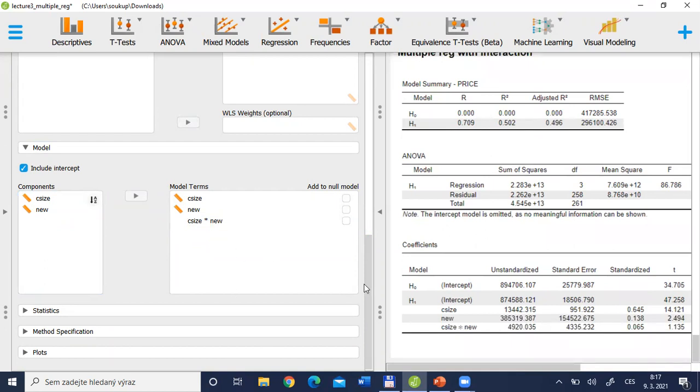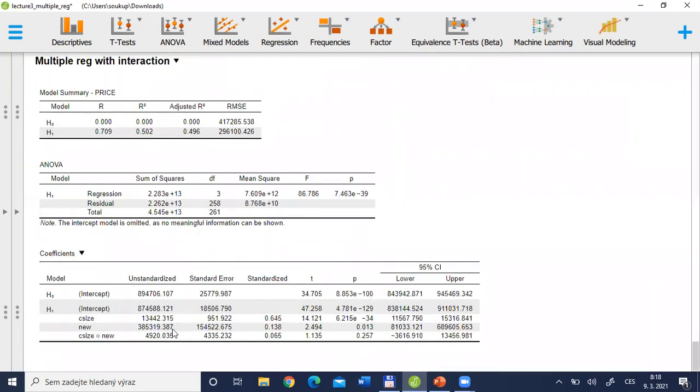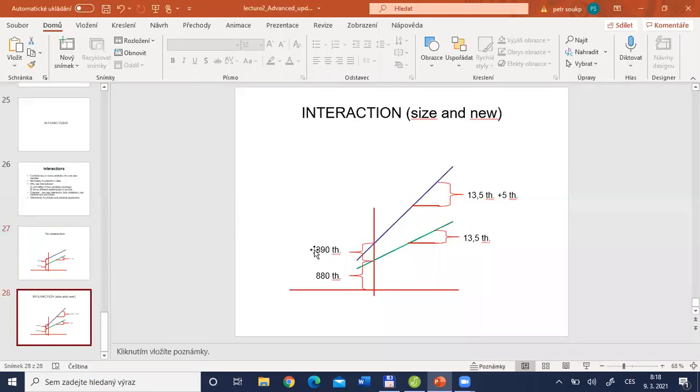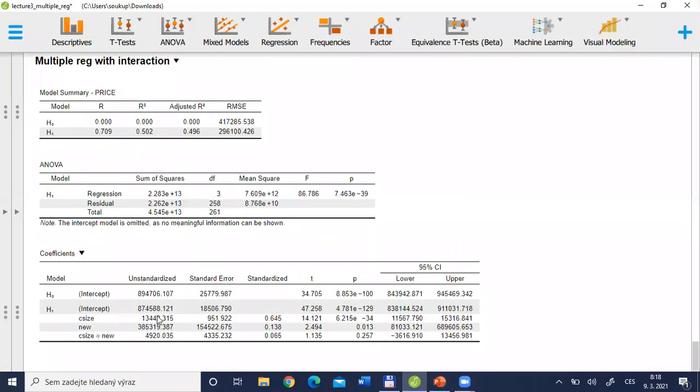So we added one new variable, which is called interaction. So it means multiplication of the previous variables that were entered into our model. And here we can see our results. So I would go to this picture and I will slightly change these figures that were only approximate.